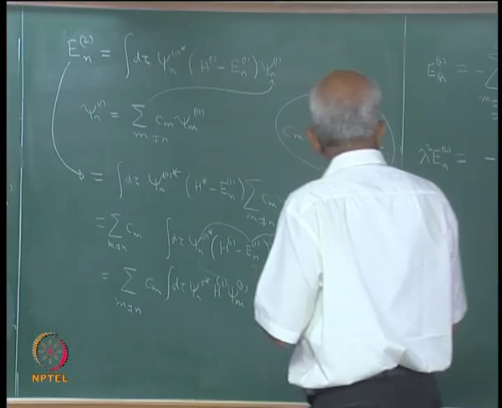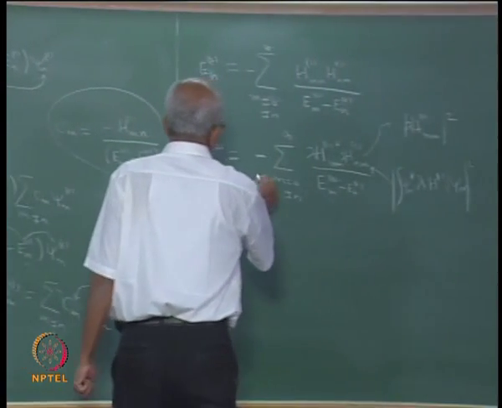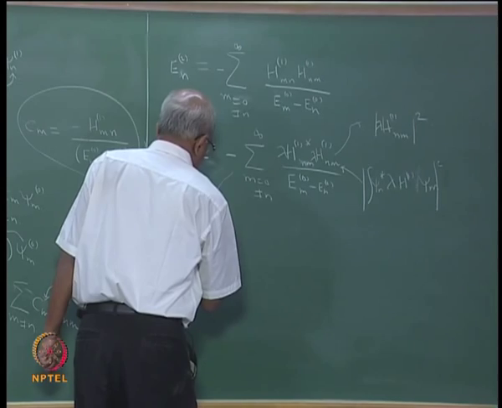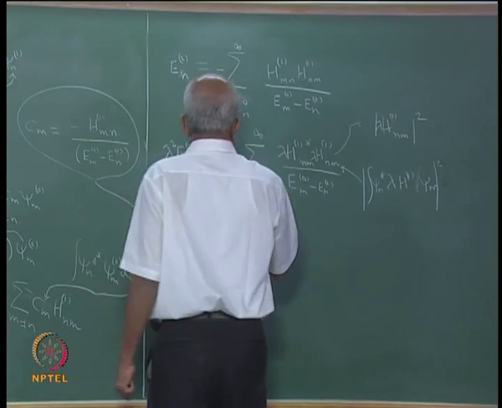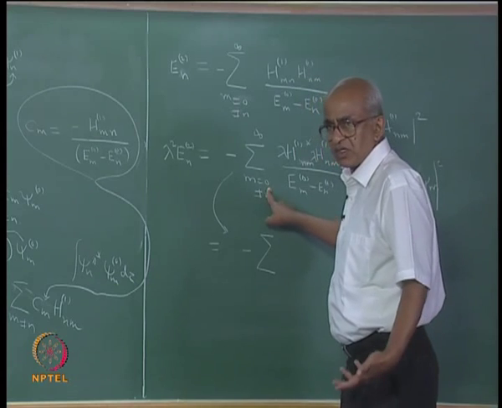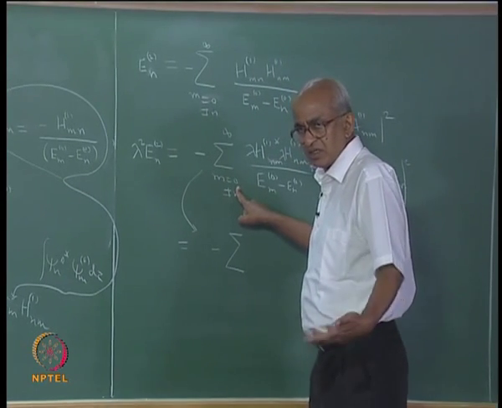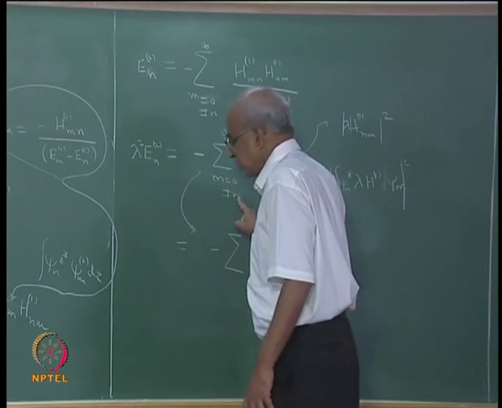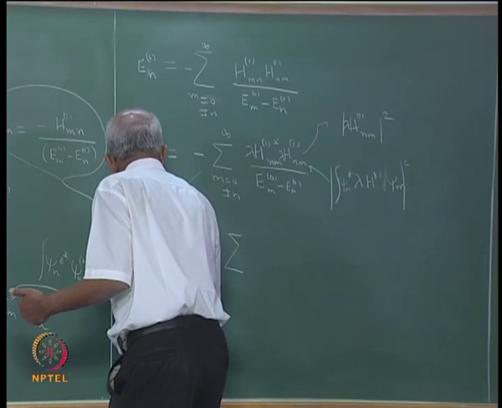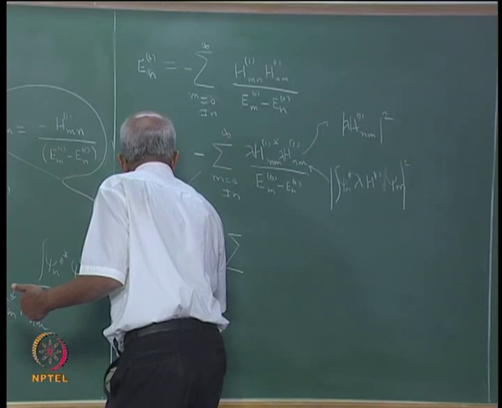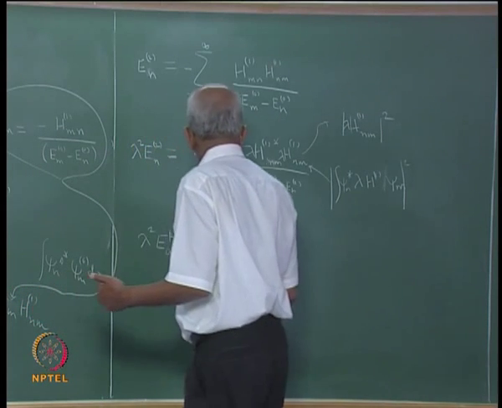If you are interested in the ground state, what will happen to this second order expression for energy? You will have a sum, but you will not have m equal to 0 because you are thinking of the correction to the energy of the ground state, that means lambda squared E02 is what I am calculating.